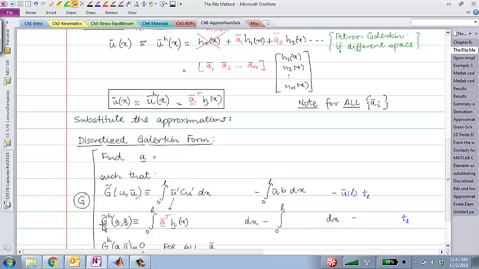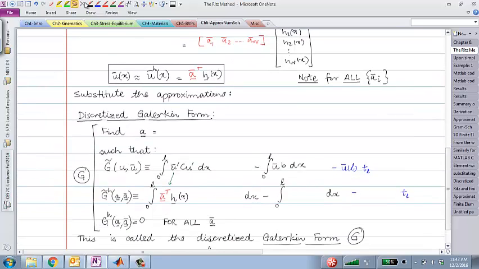We have to make sure that this g functional goes to 0 for all possible choices of a bar coefficients. Times c as it is, and then the approximation for u, and actually I need the prime here as well, because clearly, if I take the derivative of u bar, the a bars don't depend upon x, this h does depend upon x, so essentially this is the vector of derivatives of the h functions.